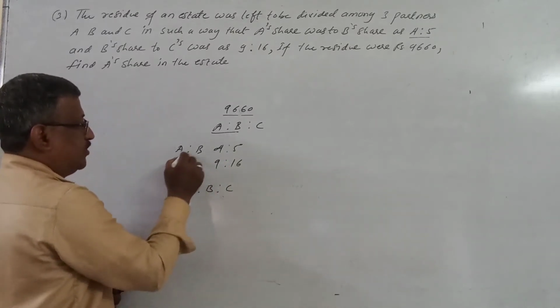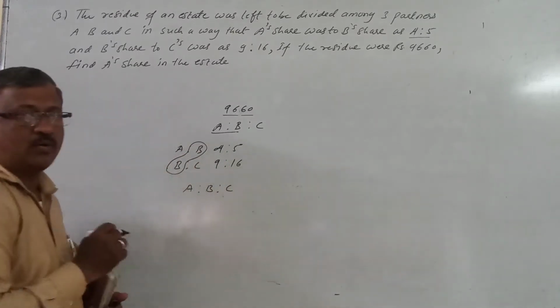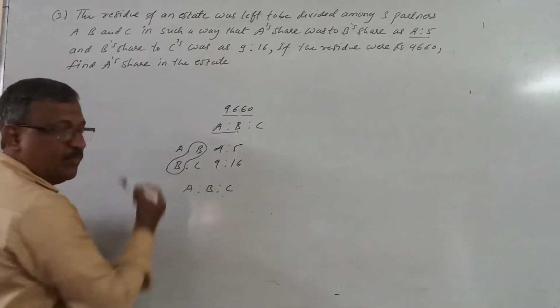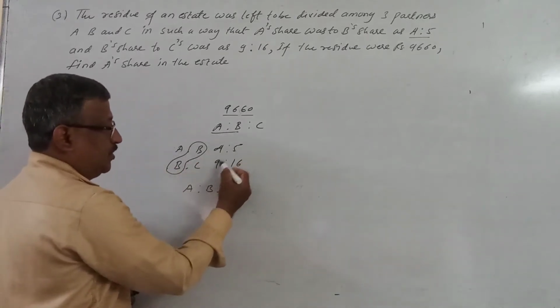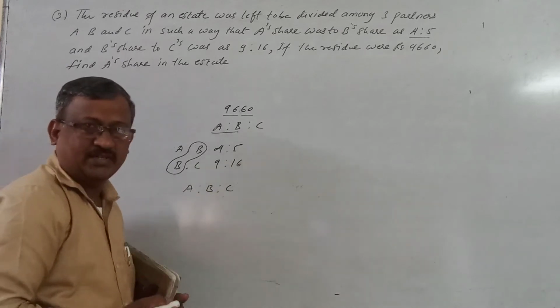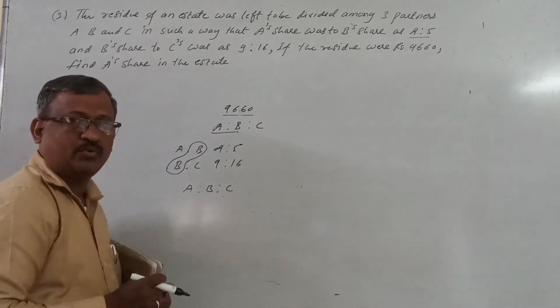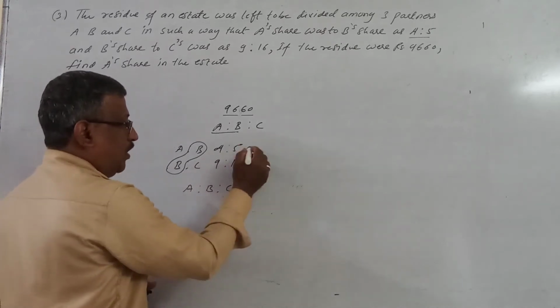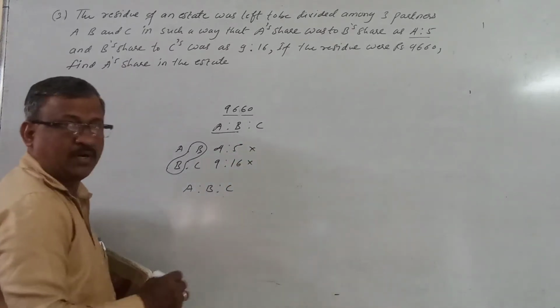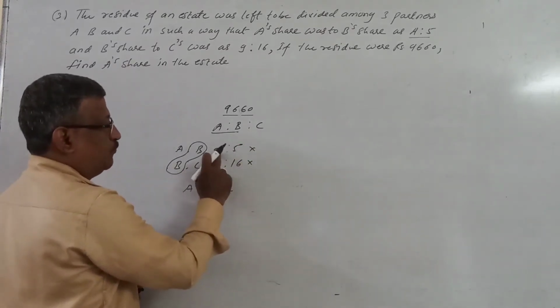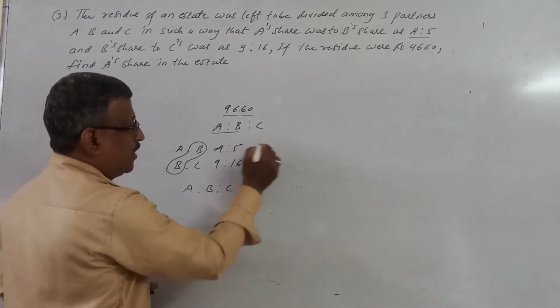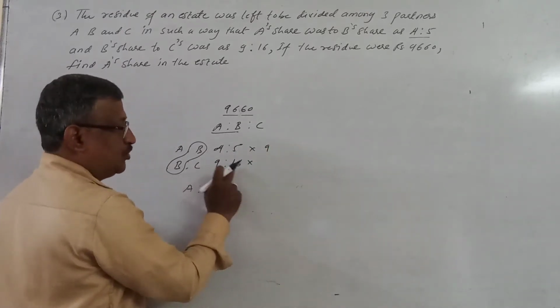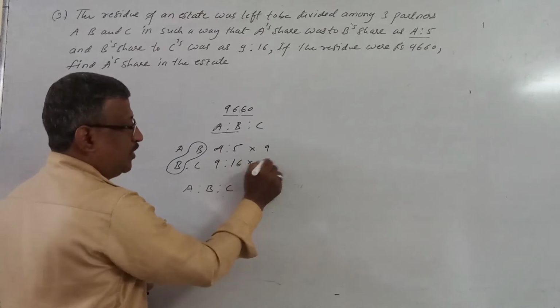You can see here B is the common part, means this should be the same, but is it the same? It is not the same. So first you have to make it the same, and to make this value equal you have to do the cross multiplication. With this first ratio 4:5 you have to multiply by 9, and this second ratio 9:16 you will have to multiply by 5.